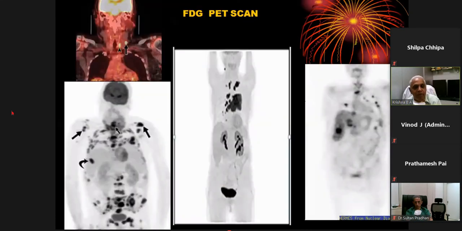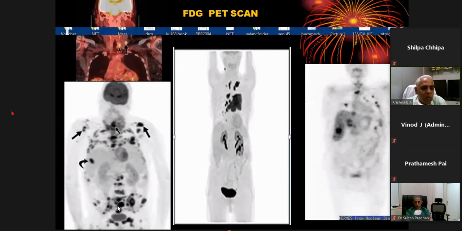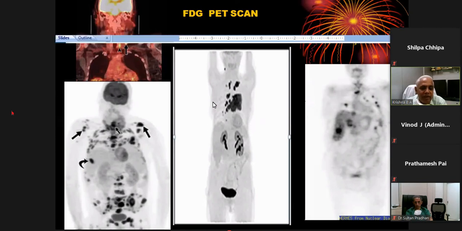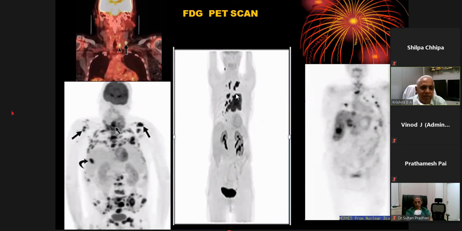Now, here is a patient with extensive metastatic disease in the bone and in the liver. This is a patient who has extensive disease in the neck and in the mediastinum, and here is the rib and the liver metastasis.